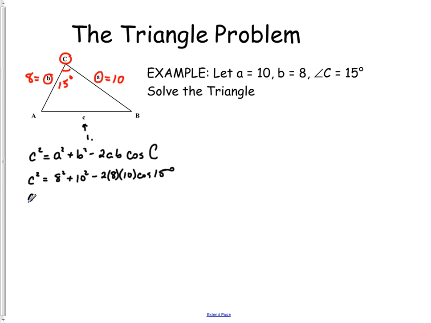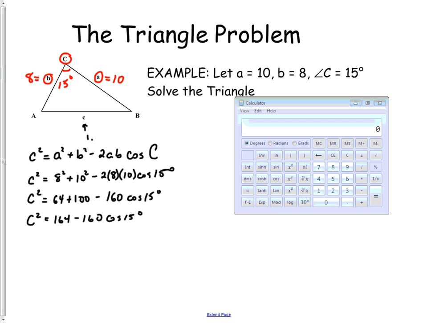Well, of course, if I add up my squares right here, I'm just going to run through a little bit of arithmetic. I'm going to be adding 64 plus 100 minus 160 cosine of 15 degrees, which is to say, of course, we add 164 together, but now we're going to have to find the cosine of 15 degrees and multiply that by 160.